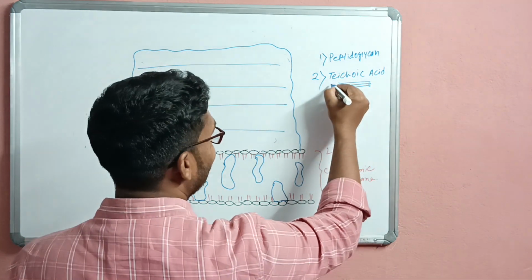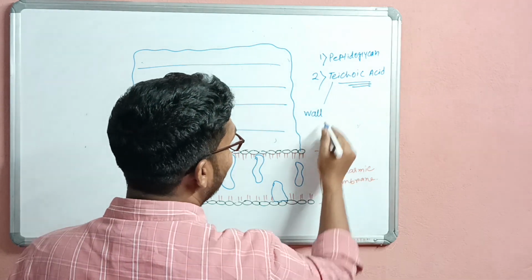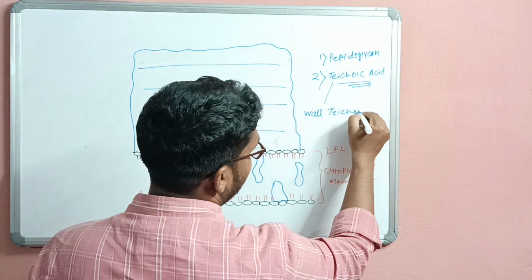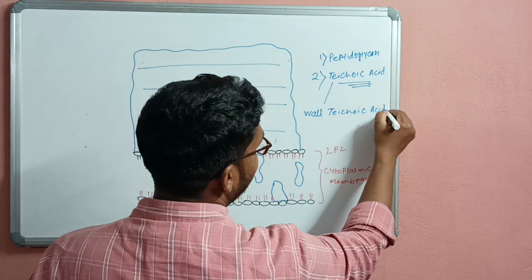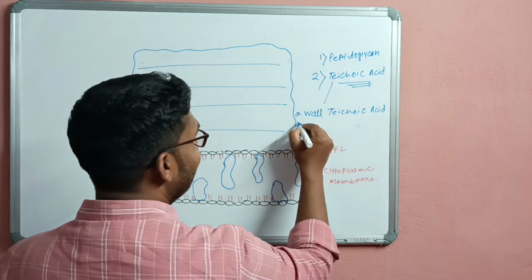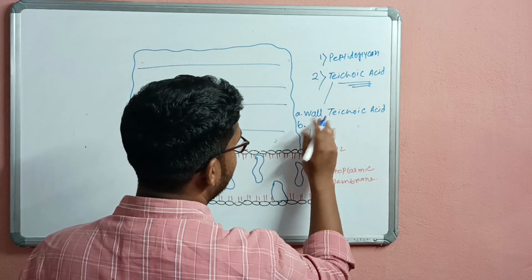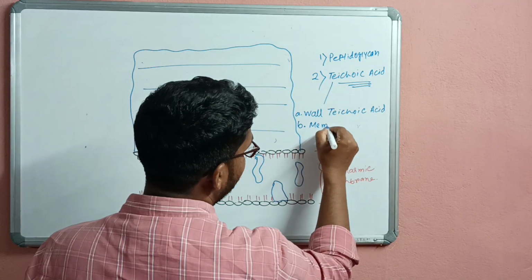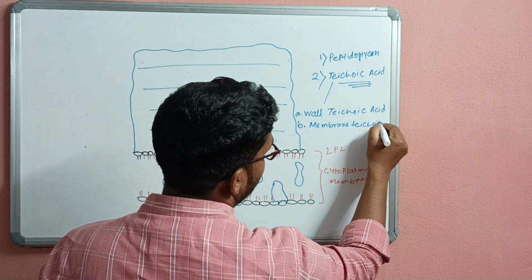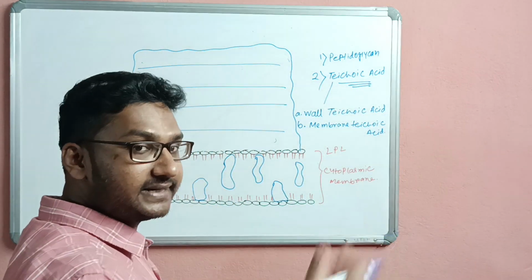One is wall teichoic acid, and the other is membrane teichoic acid. Okay, so wall teichoic acid, where is it present?